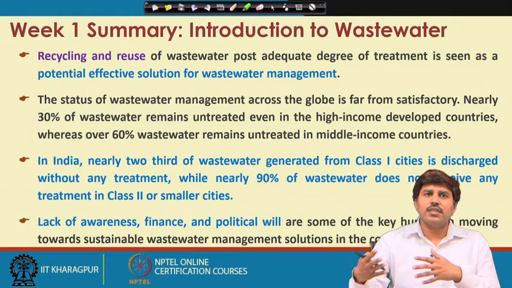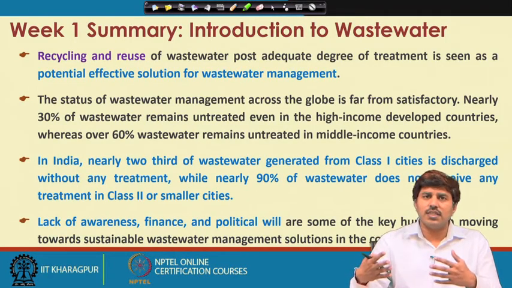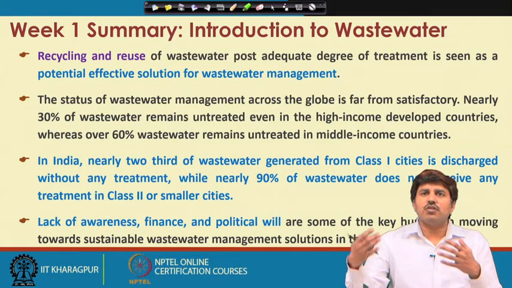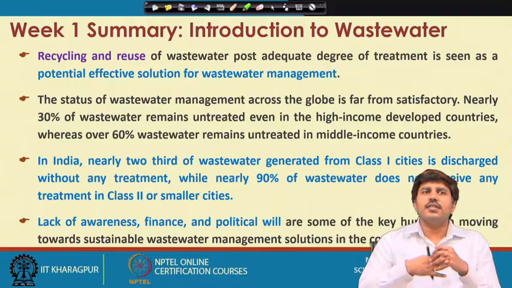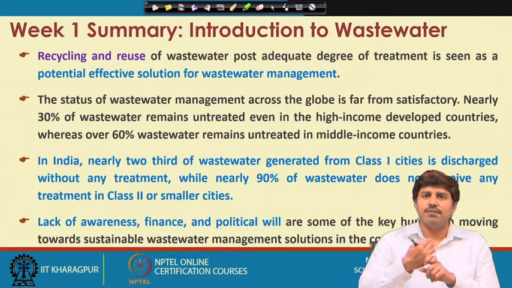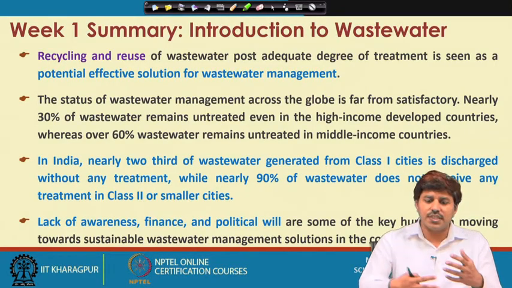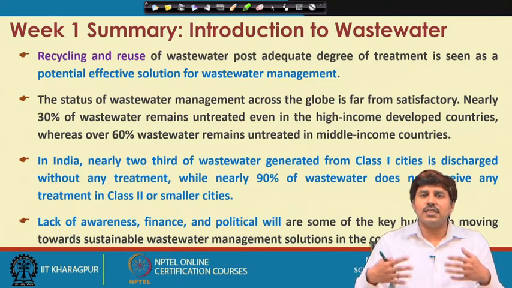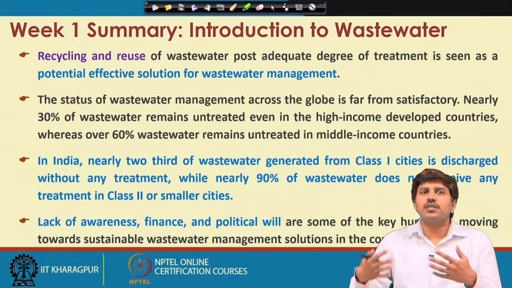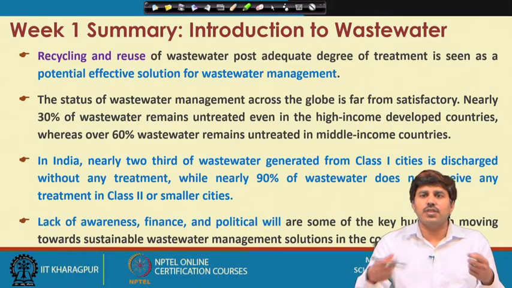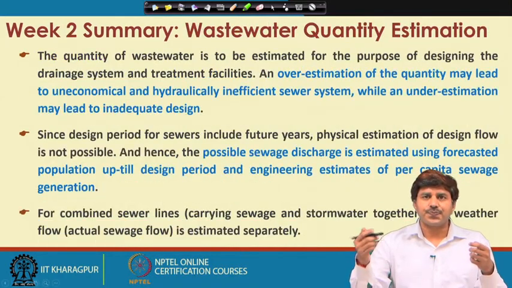In class 2 or smaller cities, more than 90% of the wastewater does not receive any treatment. Lack of awareness, lack of financial resources and lack of political will are the key hurdles in moving towards sustainable wastewater management solutions in our country.